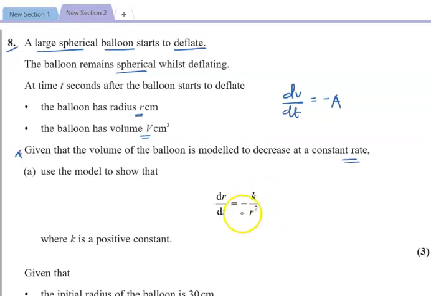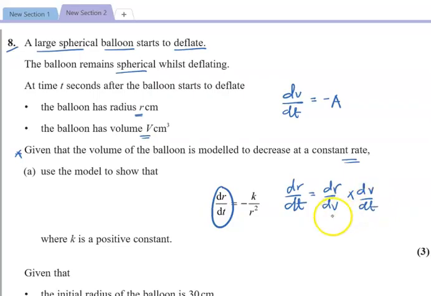Now we need to find dr/dt. We are going to use the chain rule. dr/dt is equal to dr/dV multiplied by dV/dt. Now dr/dV, the derivative of r with respect to V, how are we going to do this derivative? We are going to find V first.